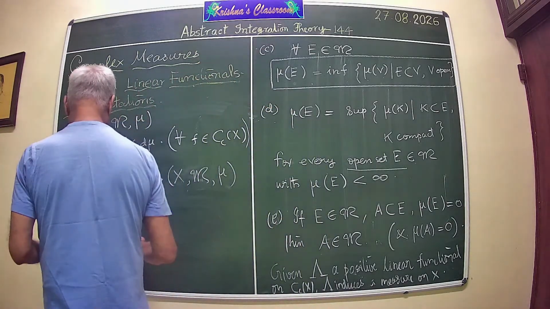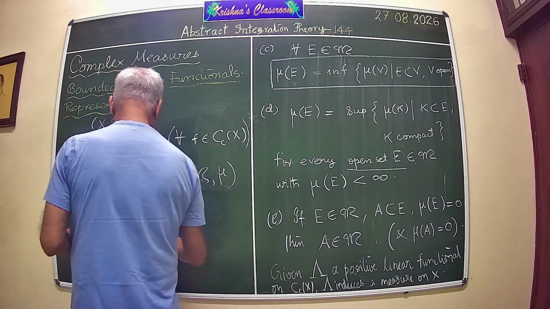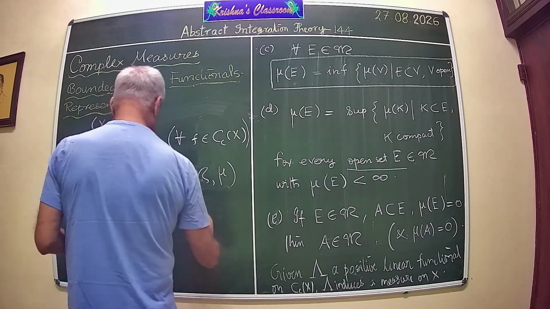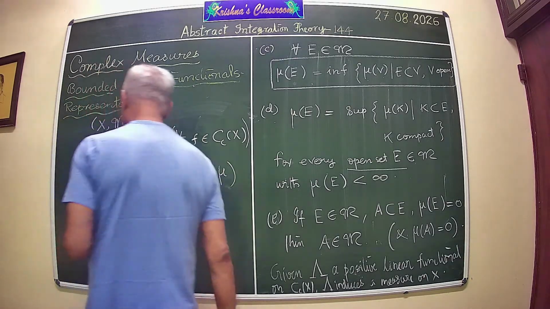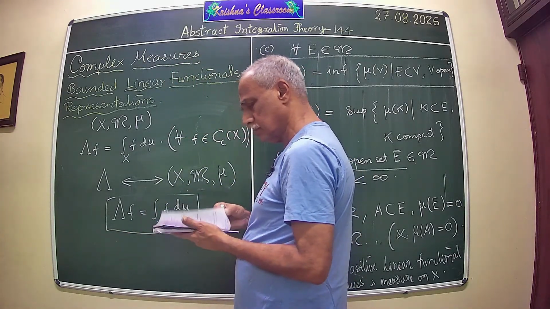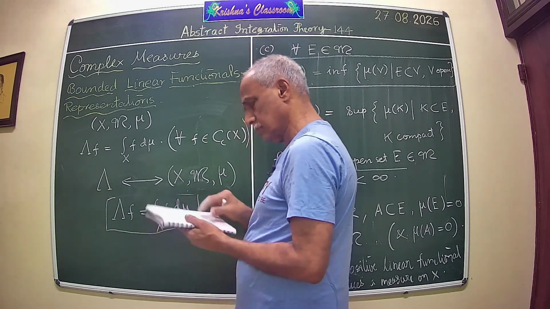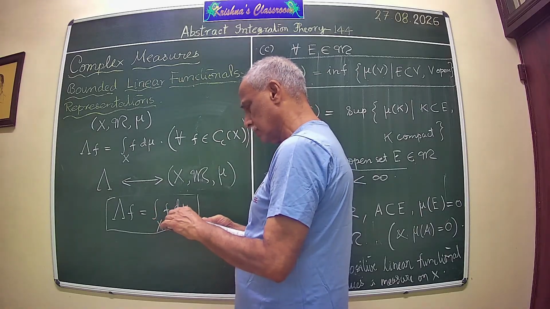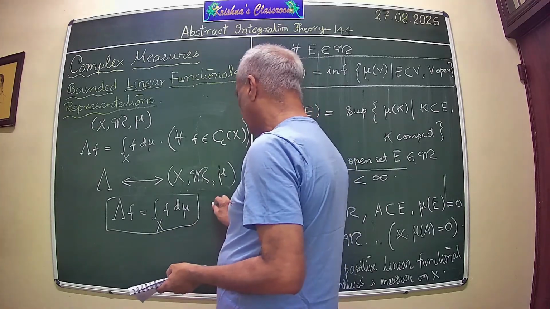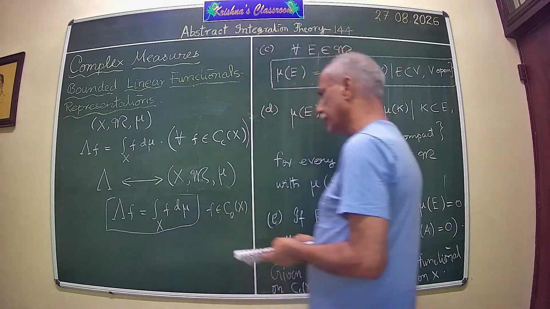You have once again the representation theorem, with the integral of f d mu, for f belonging to the Banach space C naught.